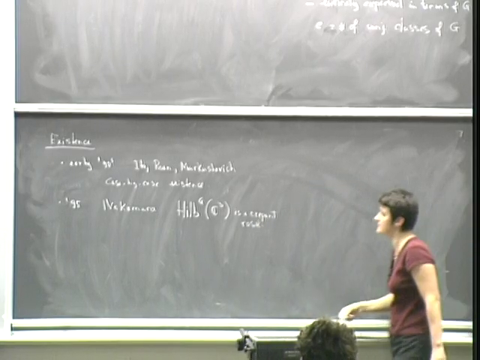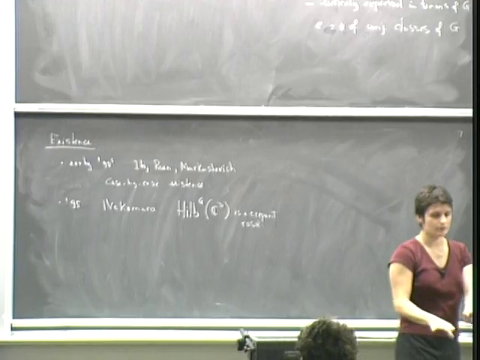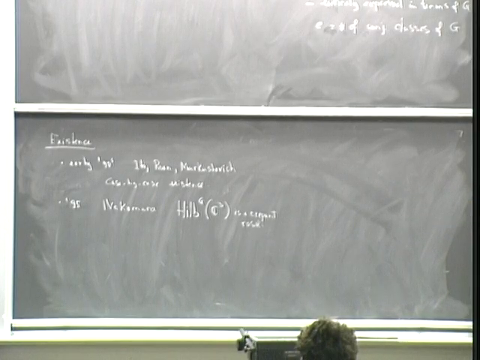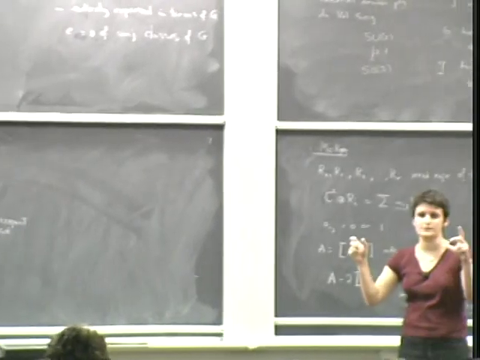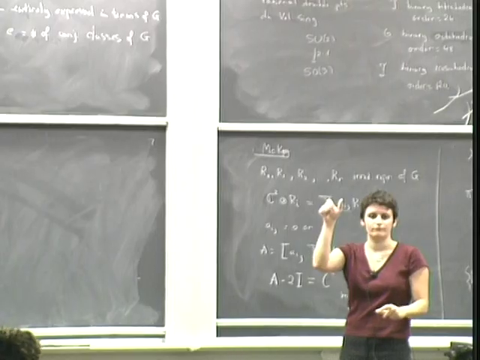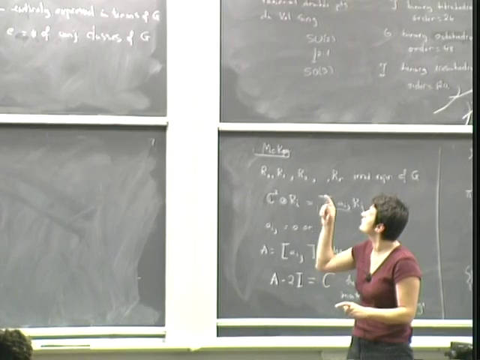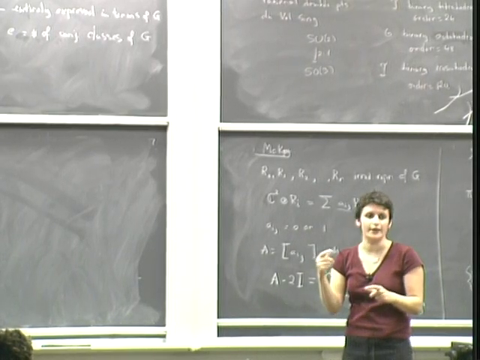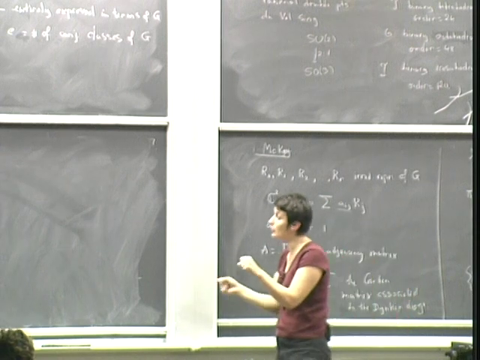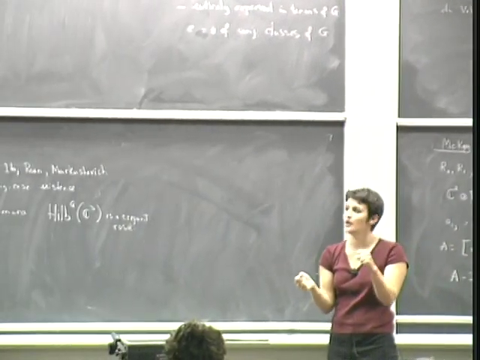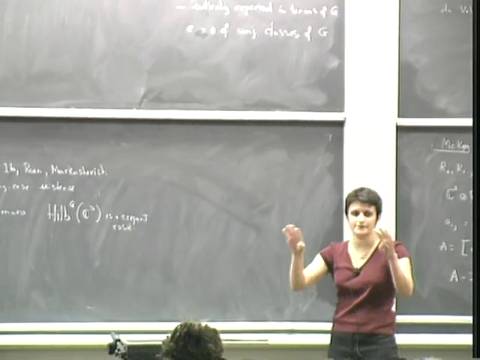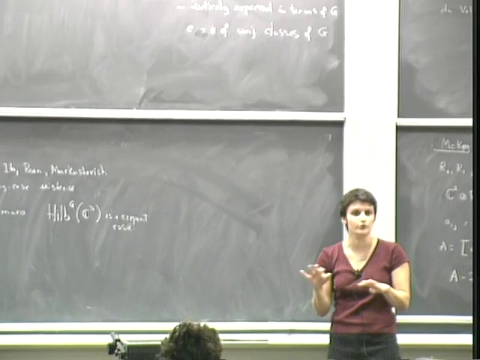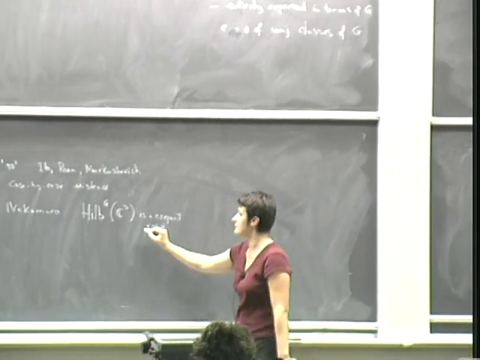So what's this Hilbert scheme? If you look at the action of the group G on C3, you have the orbits. If you denote the order of G by n, generically an orbit will have n points. You take the set of all such orbits and you close it, and you get this Hilbert scheme.